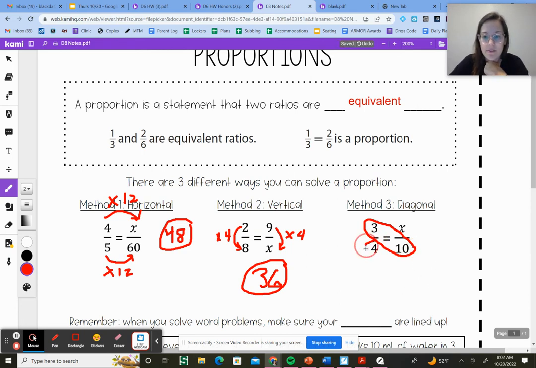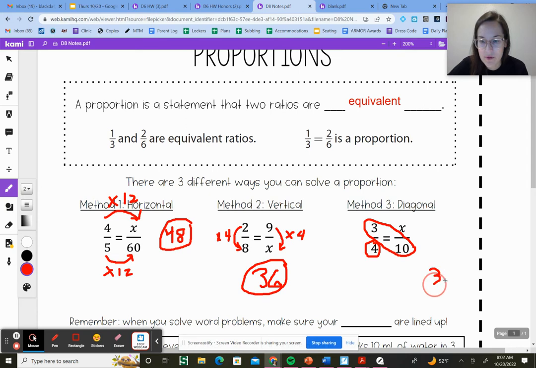And then you're going to divide by the third number. So you're going to do 30 divided by 4. Some people call it the baseball bat method. This is not that beautiful, but this kind of looks like a baseball bat sometimes. Anyway, so you multiply these two, divide by the third number.